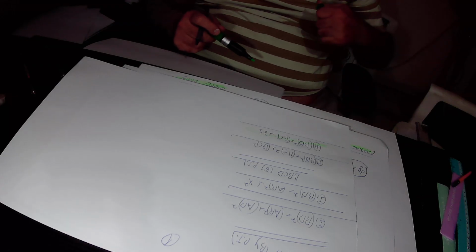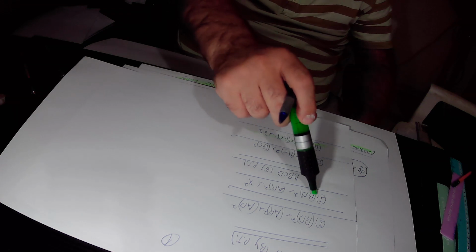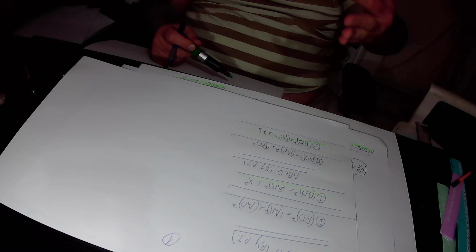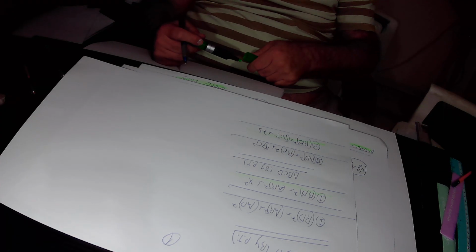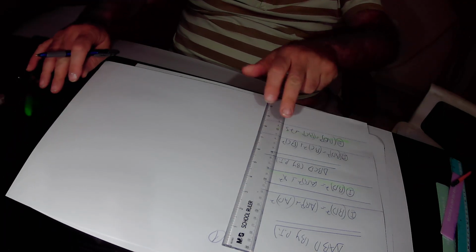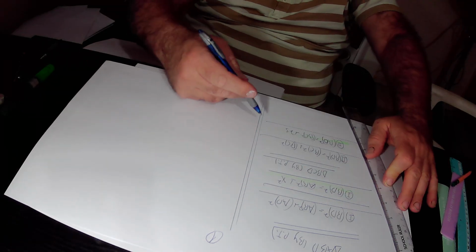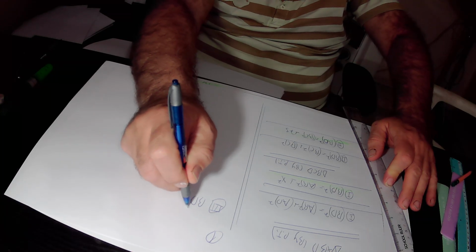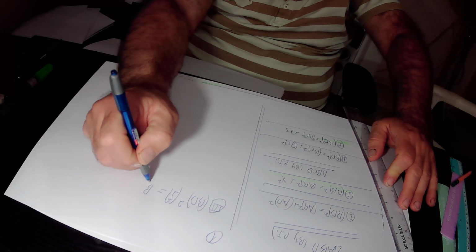This is according to equation 2, while according to equation 1, BD squared equals AB squared plus x squared. So we have two different equations for BD. Therefore, we get equation 3, which says that BD squared according to equation 1 must be equal to BD squared according to equation 2.